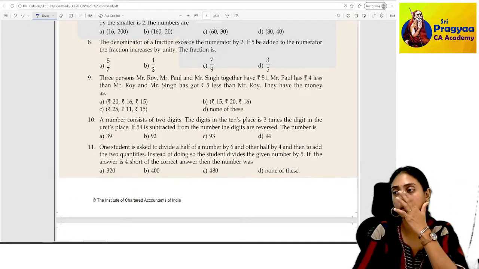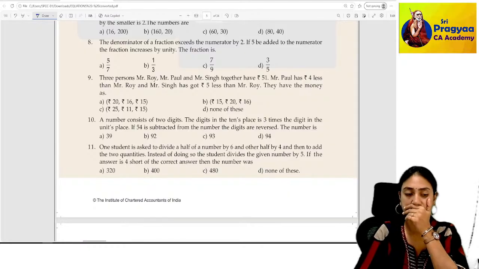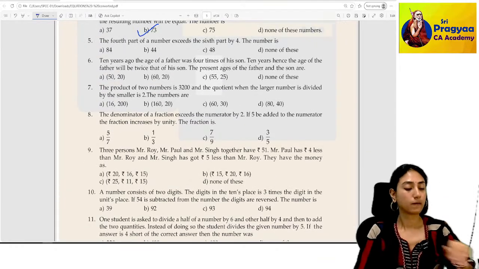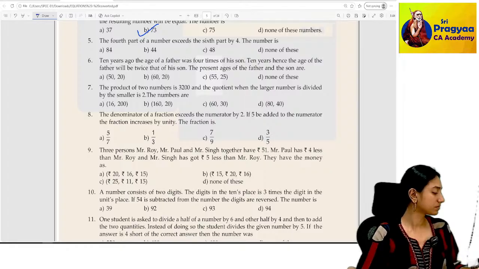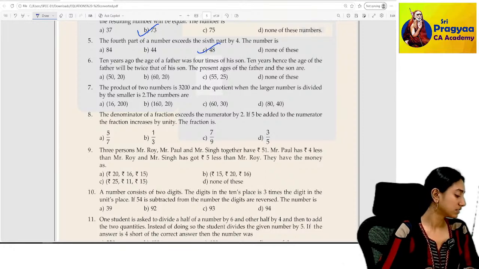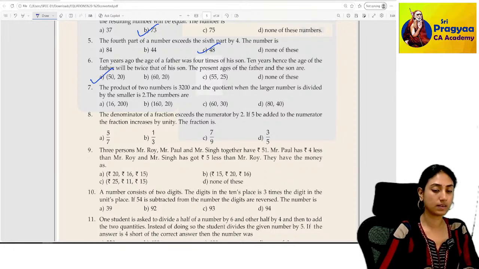So fifth is C, sixth is A, seventh is D, are you doing the eighth?